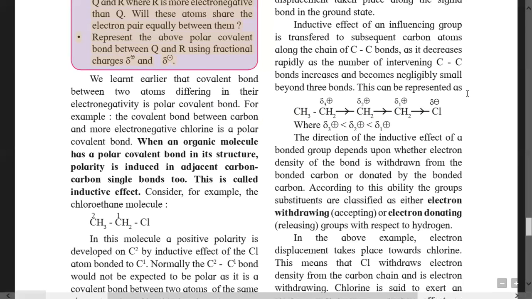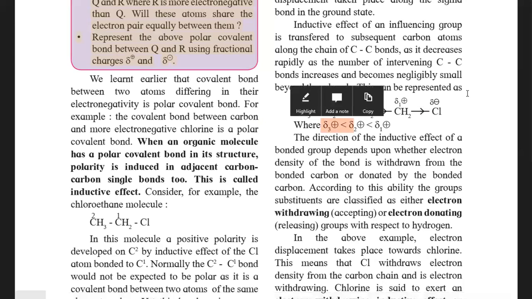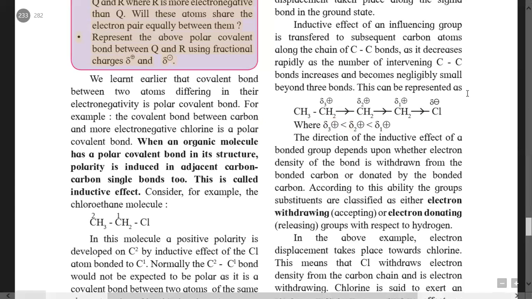Here the intensity of positive charge decreases, meaning delta 1 positive is greater than delta 2 positive, which is greater than delta 3 positive. The direction of the inductive effect of a bonded group depends upon whether the electron density of the bond is withdrawn from the bonded carbon or donated by the bonded carbon.